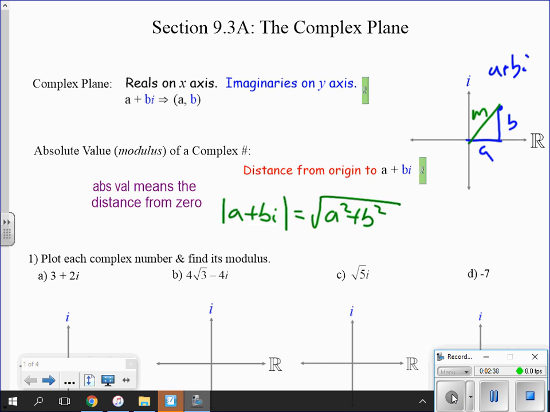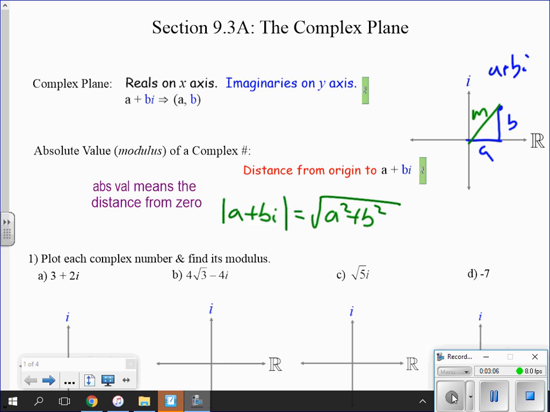It's the square root of a squared plus b squared. That's the modulus, how far away from the center it is. So far, pretty simple stuff, right?